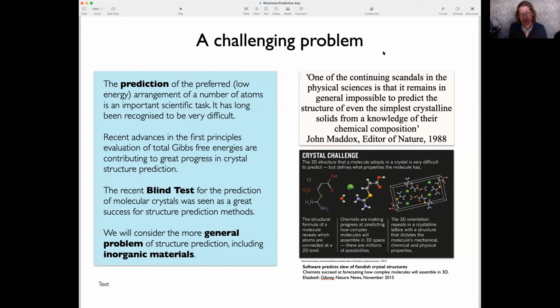So there's been a big effort over many years to try and perfect our ability to predict the crystal structures of organic molecules, and these undergo so-called blind tests every 5 years or so. There's another one going on at the moment, and there are people who are really expert in making these predictions. In 2015, there was a news article in Nature following up from the last blind test, where Nature basically admitted that it was now kind of a solved problem, in that, no matter what John Maddox said, we can now predict the crystal structures of molecular crystals. I'm interested in something a bit more general than that.